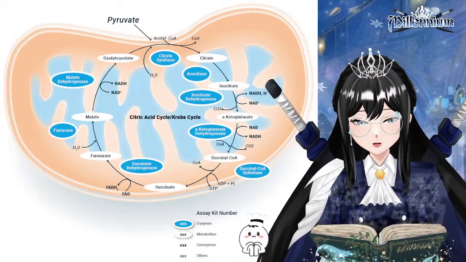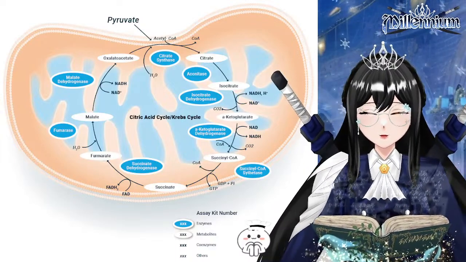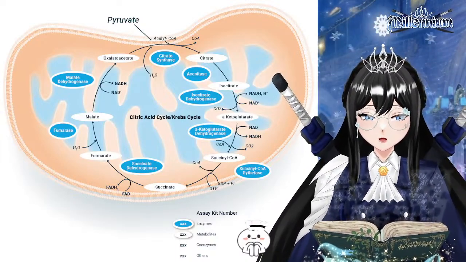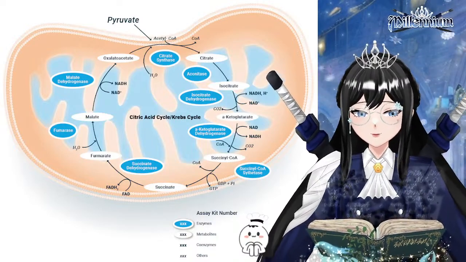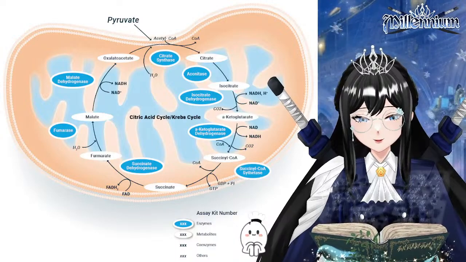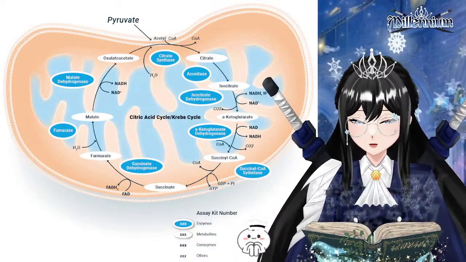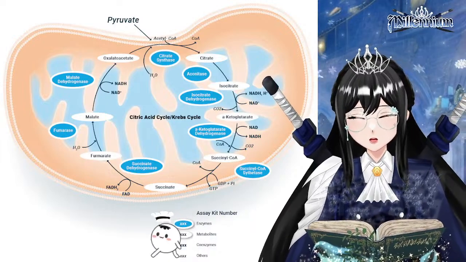And there's also the part where the adenine nucleotide translocator exchanges the newly formed ATP for ADP across the inner membrane. You also have pyruvate carboxylase for anaplerotic OAA, or oxaloacetate, generation.